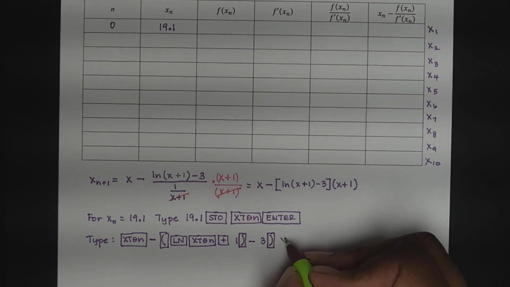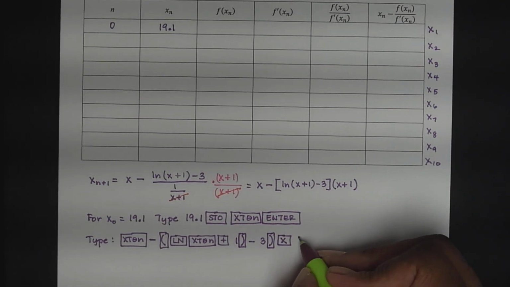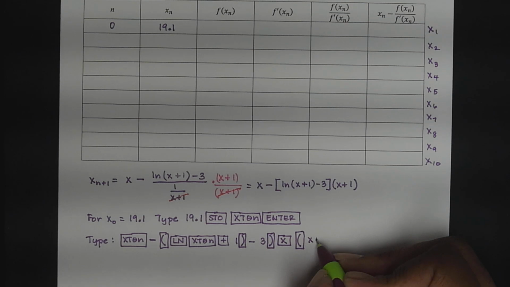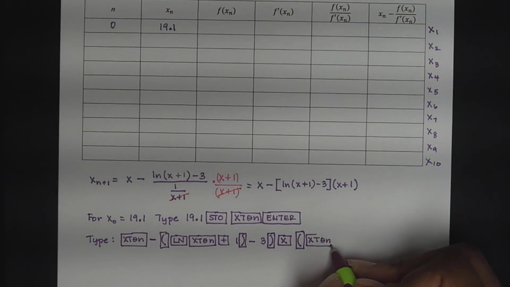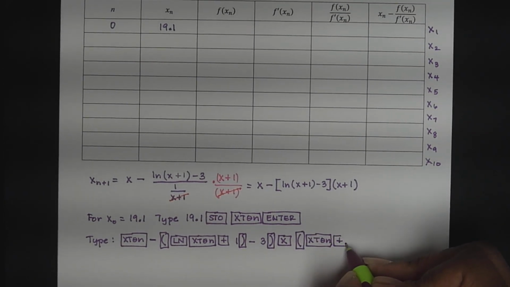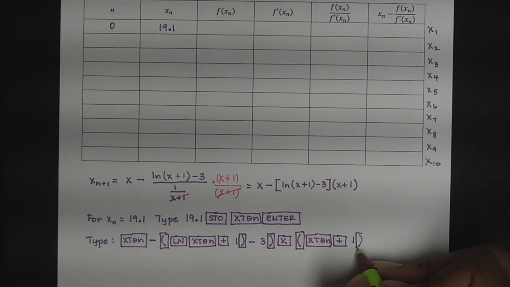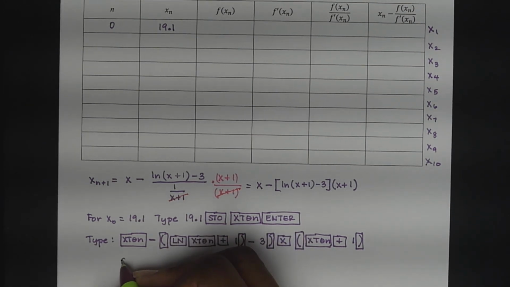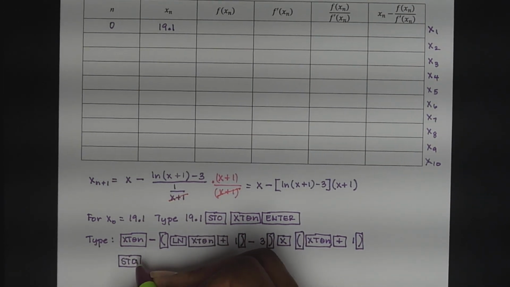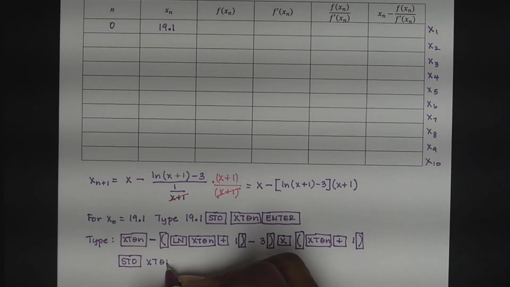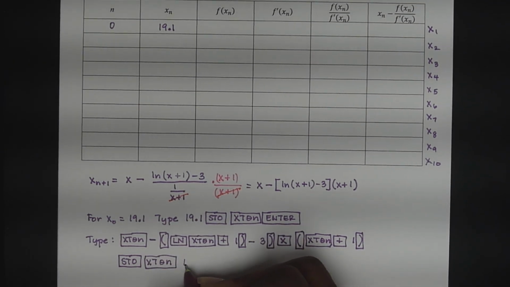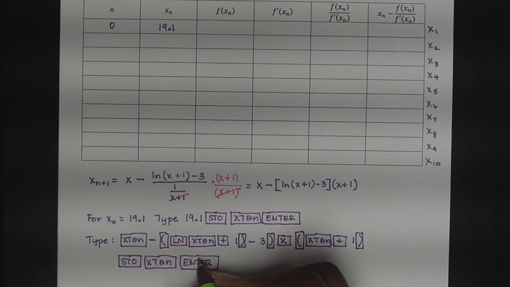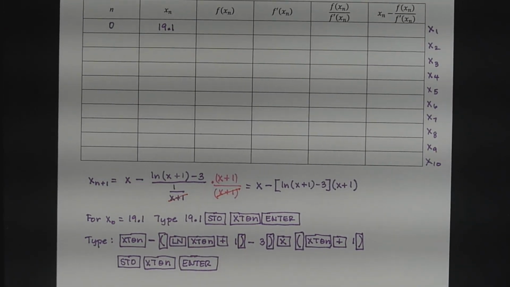And then that's going to be multiplied by, so you press the times key, and then left parentheses, because that x plus 1 needs to be in parentheses, X,T,theta,n for the x, plus 1, close parentheses. And then after that, you're going to press STO to store it, then X,T,theta,n to store that in x, and finally press enter. That will give you at least the first iteration.